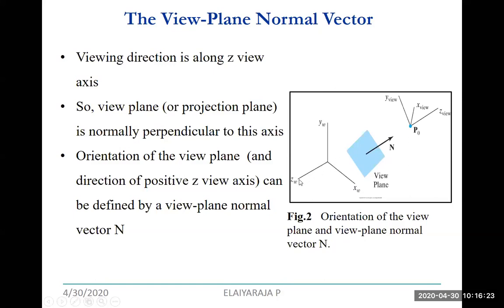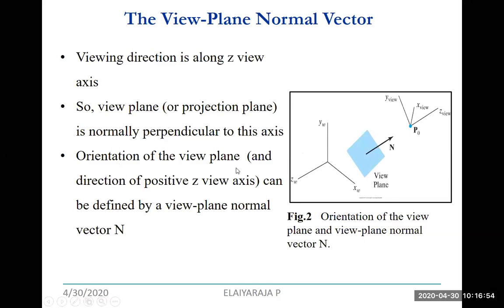The view plane, or what we call the projection plane, is normally perpendicular to the axis. Perpendicular to which axis? The z view axis. So in the xy plane, if the initial point you are looking at from the z view axis is perpendicular to the viewing plane, then your x and y values are unchanged and the z value is going to be 0 on this xy plane.